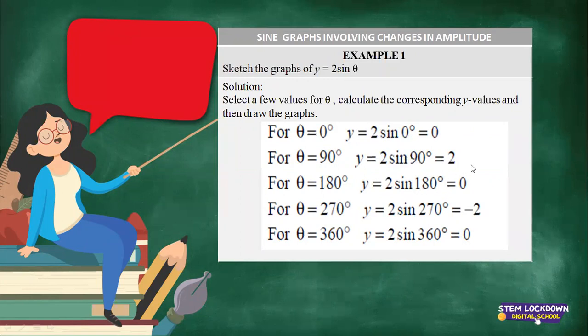And 2 sine 180 will give you 0. When theta is 270, 2 sine 270 will give you -2. And when theta is 360, 2 sine 360 will give you 0. So with these y values for theta from 0, 90, 180, 270, 360, you can get the graph.